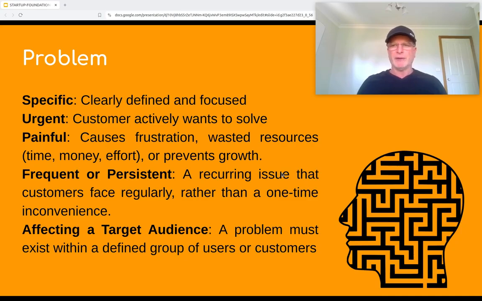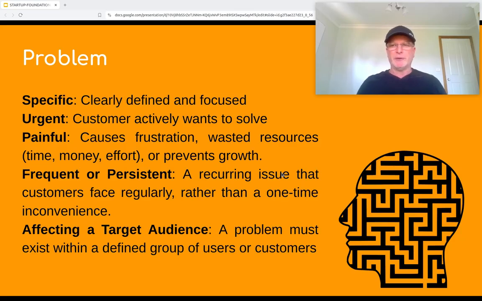The problem needs to be frequent or persistent. It cannot be something which is one time. If you're solving a one-time problem, for example, the problem of light during a sun eclipse, sun eclipses occur once for a long time. So it's not a big problem, it's a 1 hour problem. A quite rare problem.